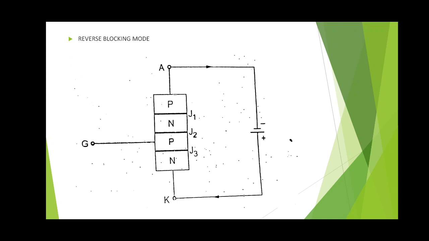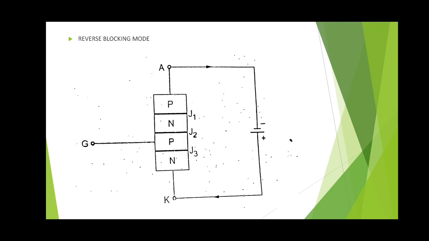Due to this reverse bias, junctions J1 and J3 are reverse biased and junction J2 is forward biased. So when the two junctions, J1 and J3, are reverse biased, the thyristor does not conduct. Due to this reverse bias, a very small current will flow from cathode to anode, and this current is called the reverse leakage current of the thyristor, and this mode is called reverse blocking mode.